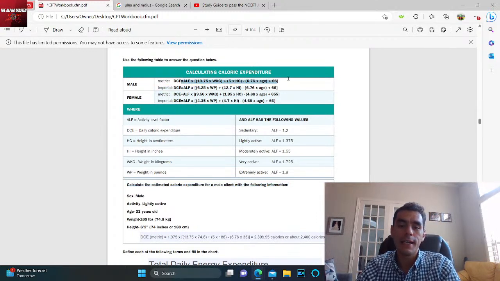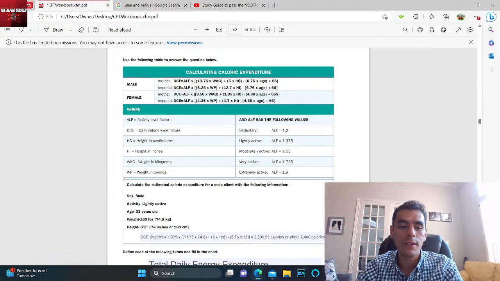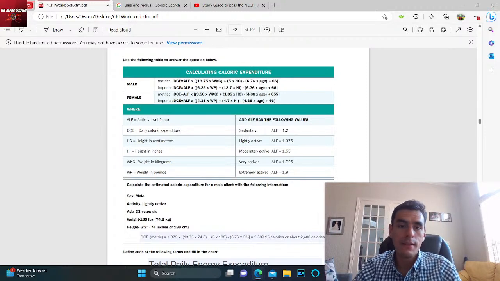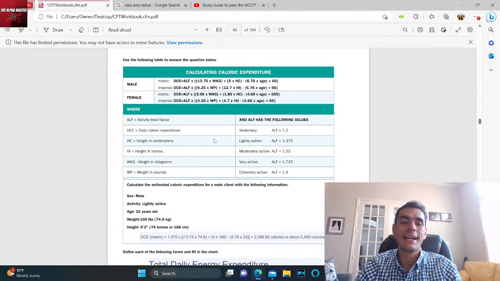The ALF of likely active, 1.375, times 13.75 times the weight, which is 74.8 kilograms, plus 5 times the height, which is 188 centimeters, minus the 6.76 times the age, which is 33. You have about 2,400 calories of daily calorie expenditure.